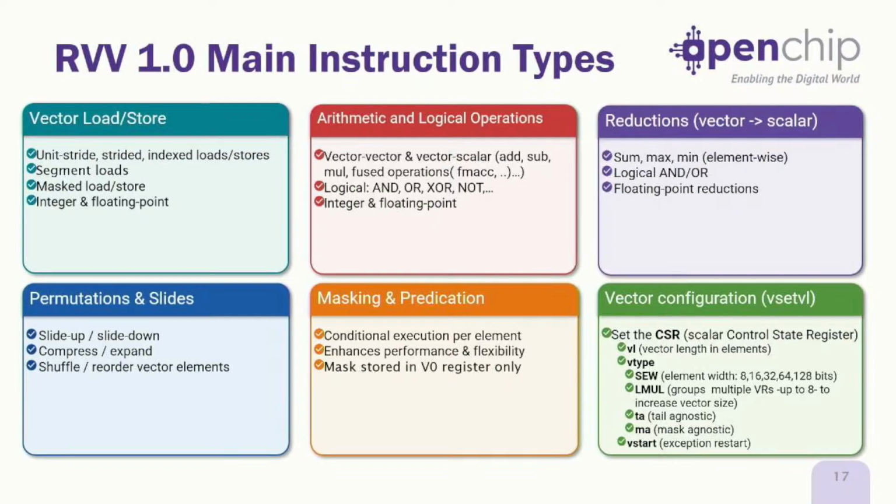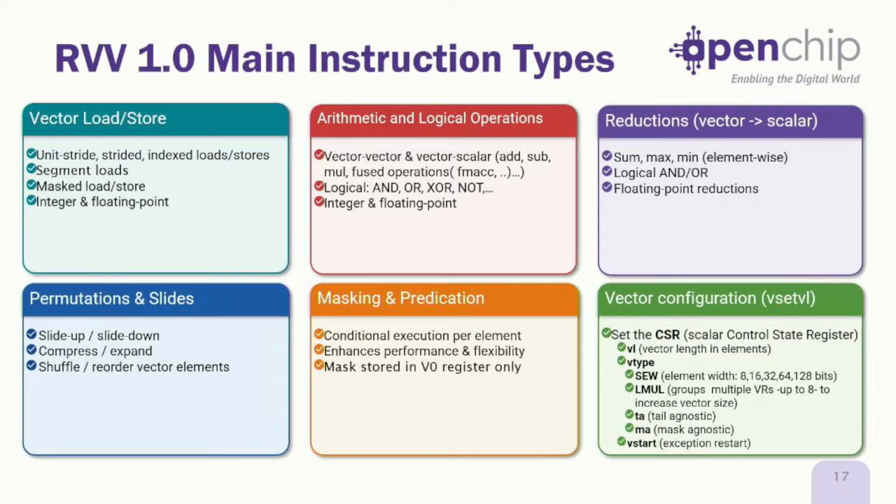You can take data in unit stride, which means the data are sequential in memory and you take them one by one, or with a certain stride, a certain step. Or with an index, you can decide to take the first, the fifth, the sixth in the way you prefer. And there are other flavors.